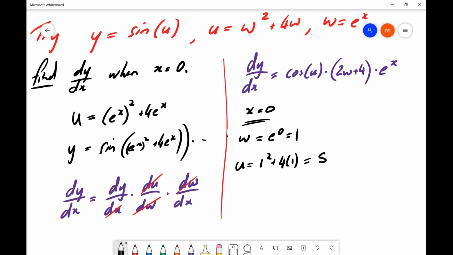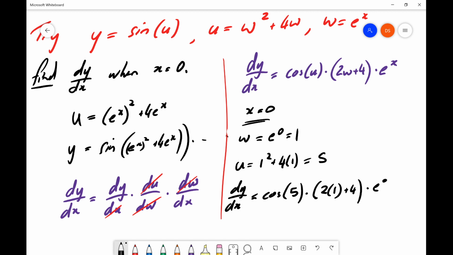And so then, do I need to work out what y is? No, I don't. 1, 2, 3 numbers. Let's substitute them in. So dy by dx is equal to cosine 5 times 2 times 1 plus 4 times e to the x, e to the 0.